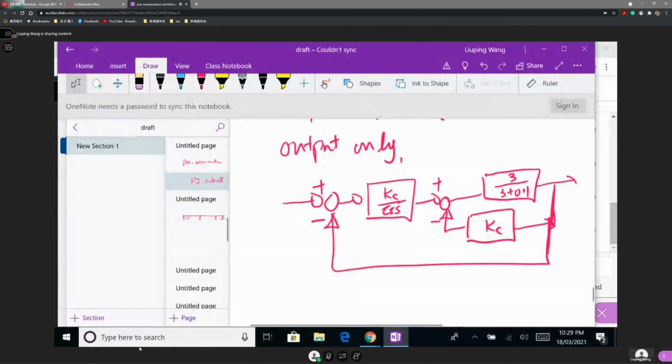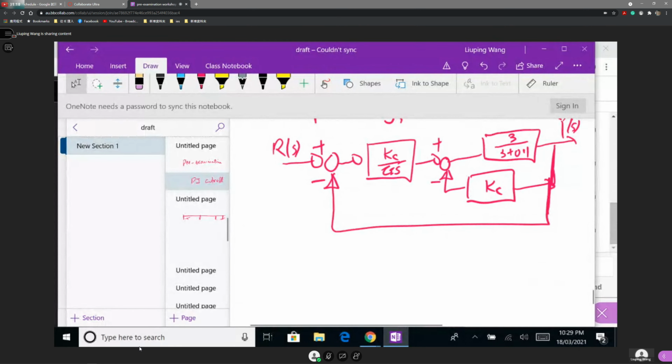All right, so what is the transfer function from R to Y?